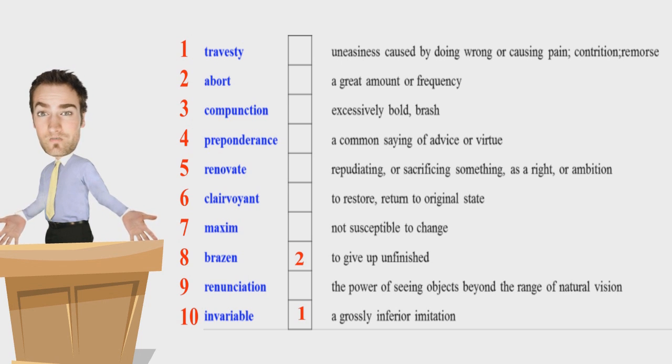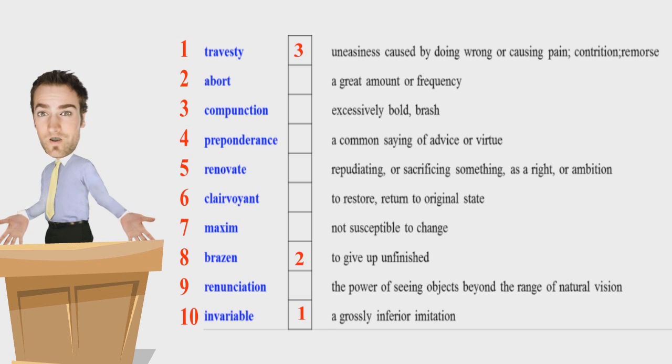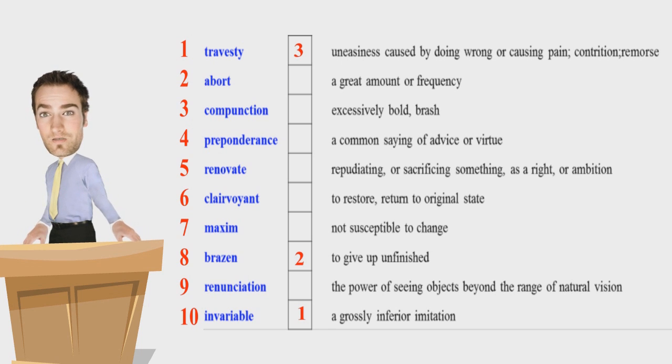So the origin's not particularly odd. Compunction should be paired up with the first definition on the right: uneasiness caused by doing wrong or causing pain, contrition, and all of that stuff. So fairly straightforward. Our fourth word is preponderance.